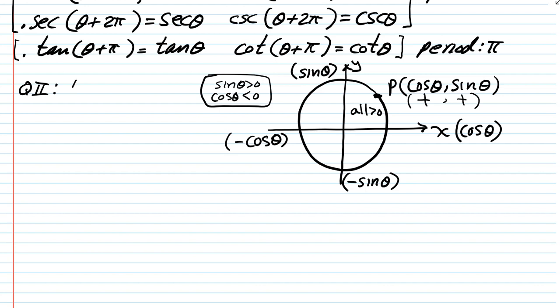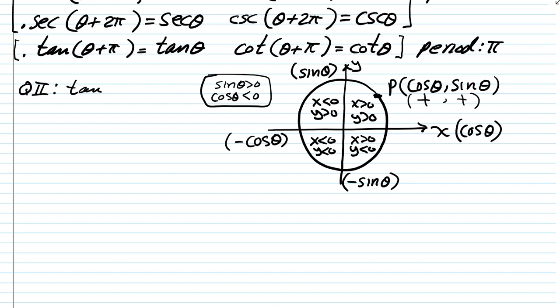Therefore, tangent, which is the ratio of y to x. Remember, let me do this. X is negative, y positive. Here, x negative, y negative. X positive, y negative. And x positive, y positive. So we can get the sign on all 6 trig functions in any quadrant now.